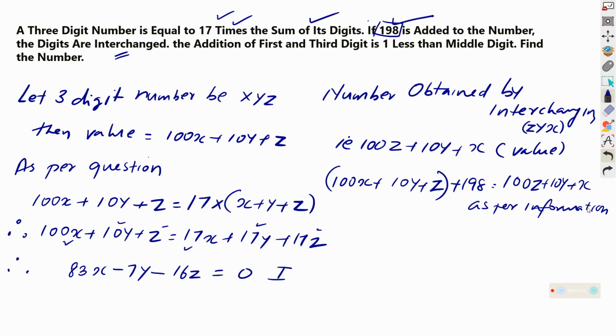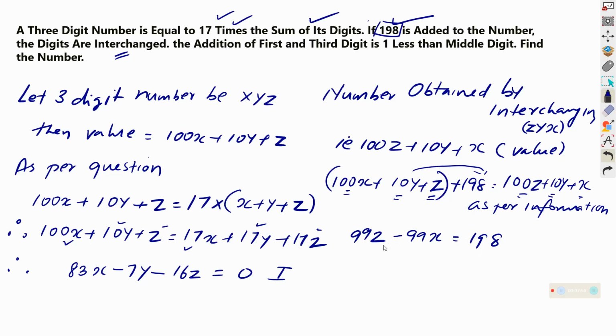Now if I remove the bracket, 100x and 100x, x is there, 10y and 10y will get cancelled, z and 100z is there. So we can say 99z minus 99x will be equal to 198, since 10y gets cancelled.